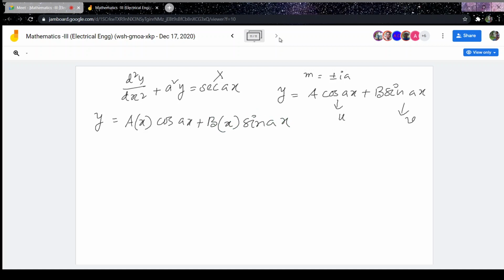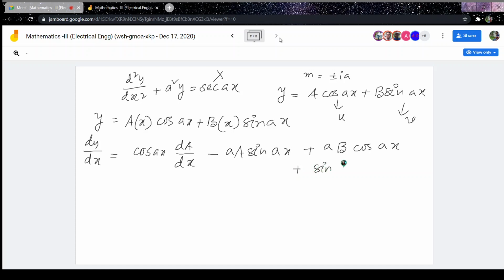Now again we will differentiate with respect to x, and we will get cos ax minus a sin ax plus a cos ax plus sin ax dv dx.